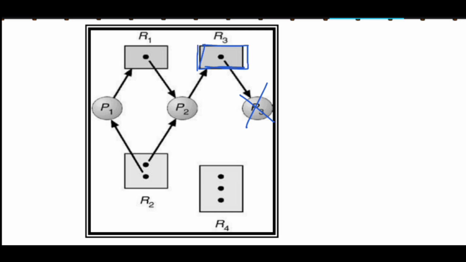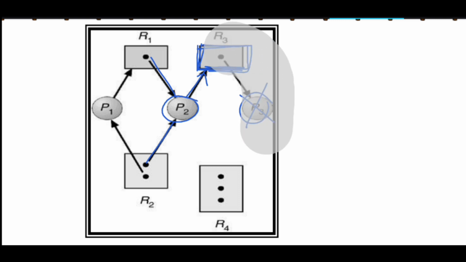Then P2 has R1 and R2, and is requesting R3, and after P3 executes, R3 is available. So R3 is allocated to our P2.